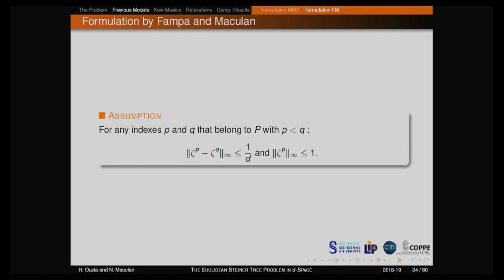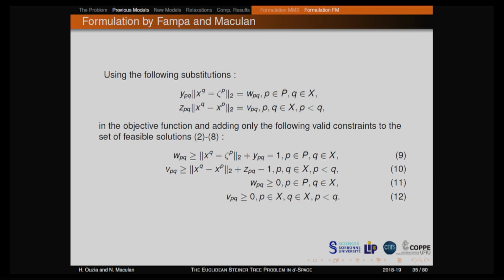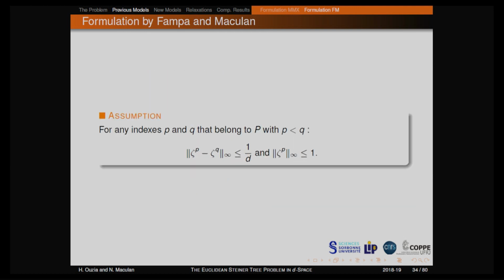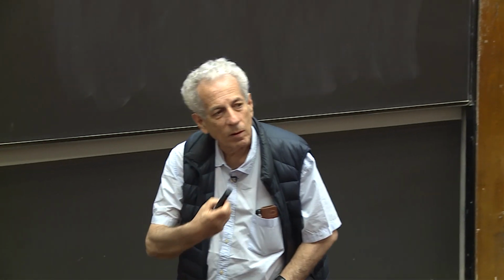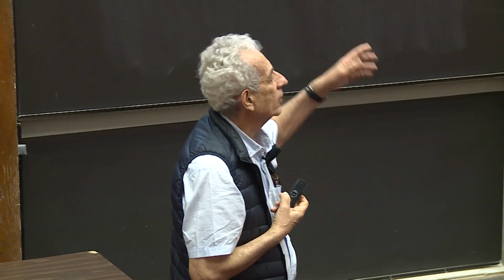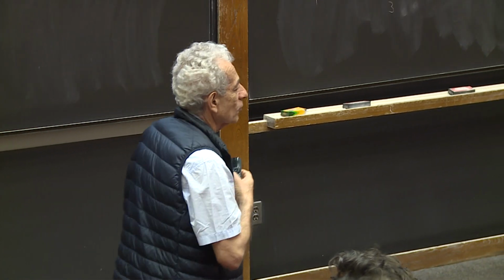Because why do I suppose that? This is okay. This is very important because I try to show you a different way to get a relaxation. I would try to find other objective functions.